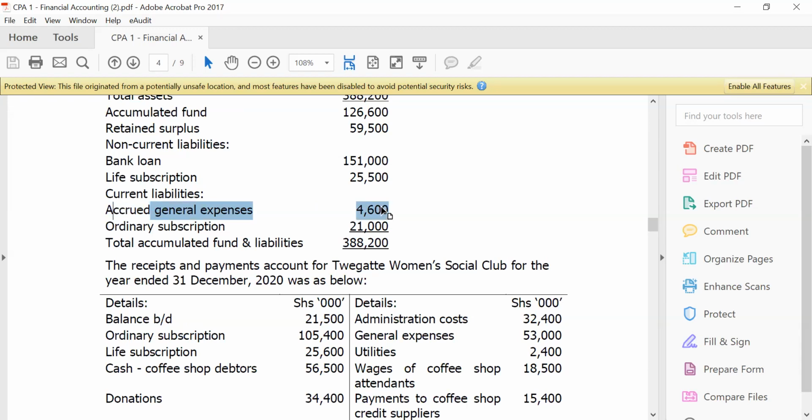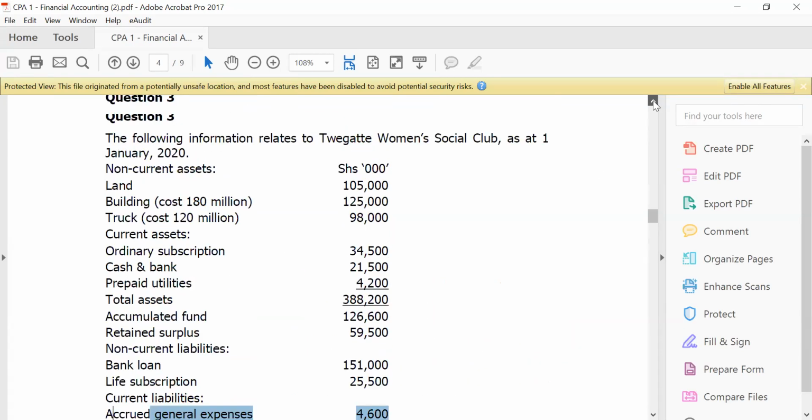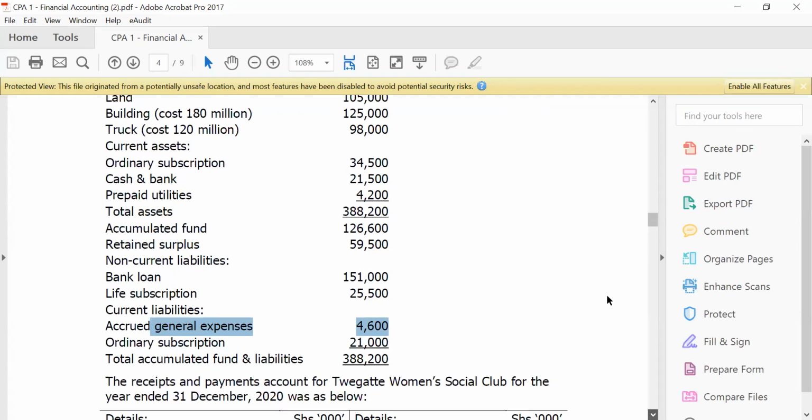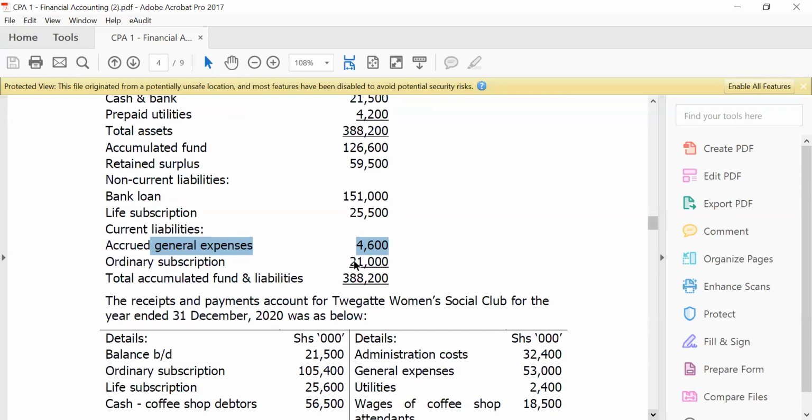So this is a balance brought down, but it is outstanding. Accrued general expenses of 4,600 are your opening balances. Basically, they are coming from last year, but they were not settled. So this balance of my accrued general expenses, I have to record it where? Here.